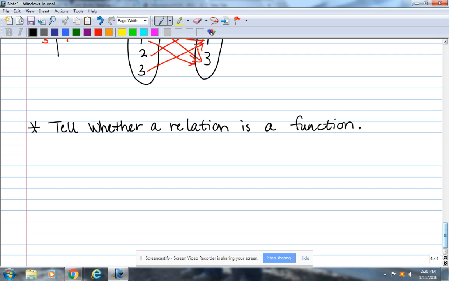But anyways, what you need to do is do not repeat your x's. So if a relation is a function, that means none of the x's are repeated. You can repeat your y's and still be a function, but you cannot repeat x values.